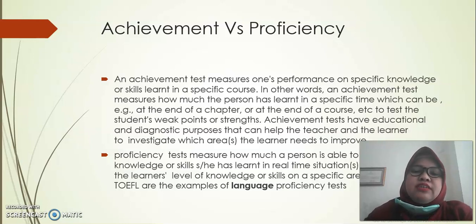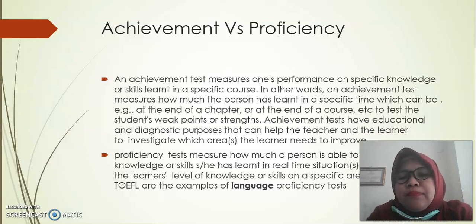In other words, it measures how much the person has learned in a specific time, for example at the end of a chapter or at the end of the class, to test the students' weak points or strengths. Achievement tests have educational and diagnostic purposes that help the teacher and the learners investigate which areas they need to improve.